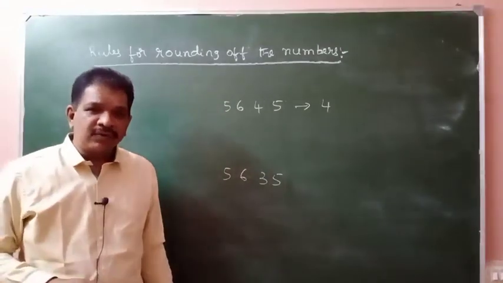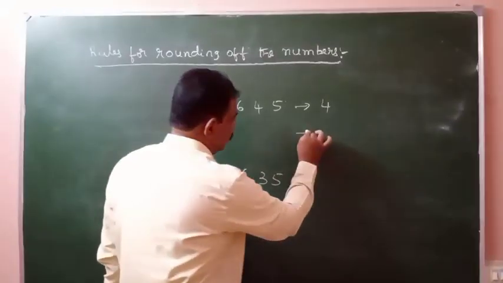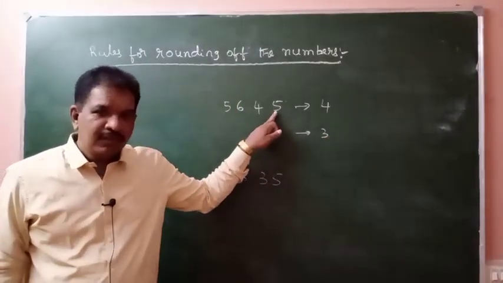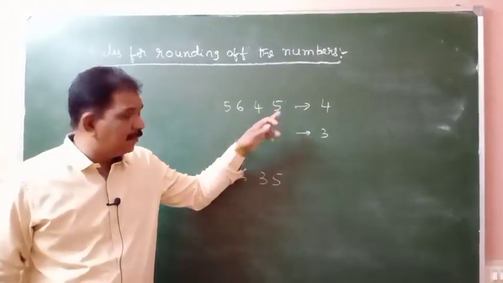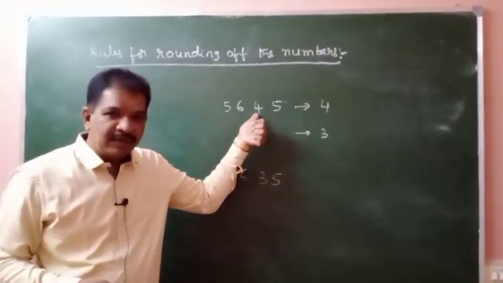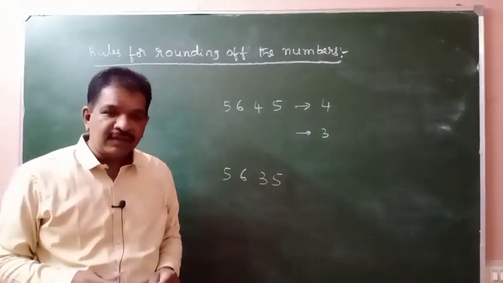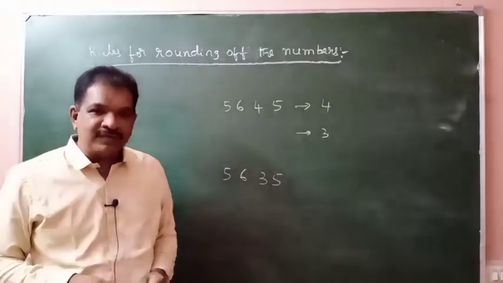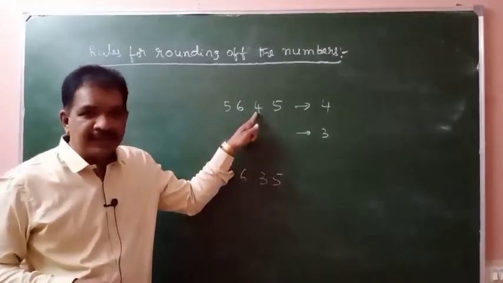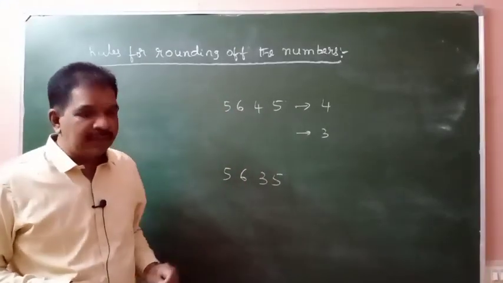They will ask to round off this one to 3 significant figures, for example. Then you have to discard this 5. Greater than 5 is there, preceding is increased by 1. Less than 5 is there, preceding is not changing. If exactly 5 is there, we have to discard 5. Observe the preceding digit. If it is even, no need to change.